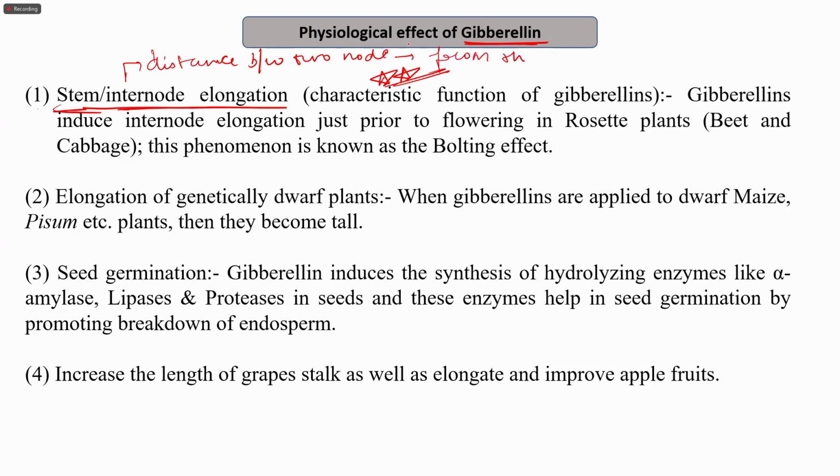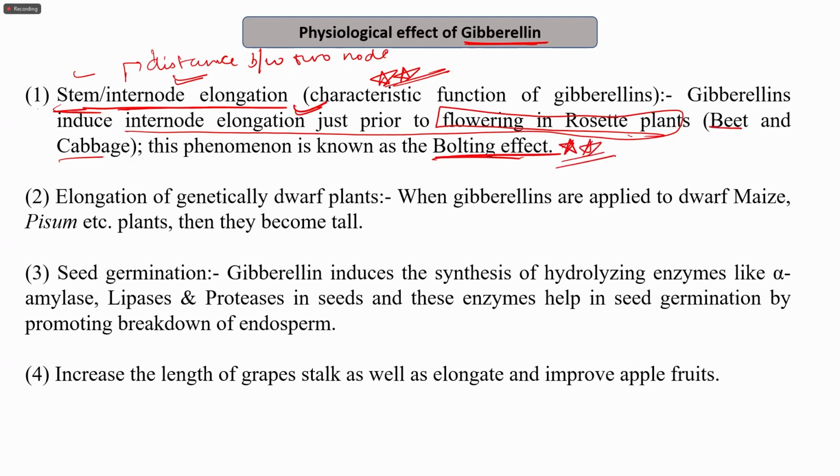So the distance between two nodes is known as the internode. Gibberellin induces internode elongation just prior to flowering in rosette plants, for example beet and cabbage. This phenomenon is known as the bolting effect. The bolting effect is due to gibberellins.